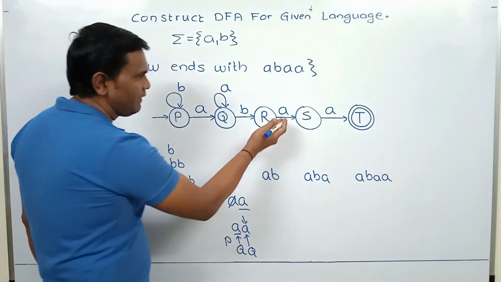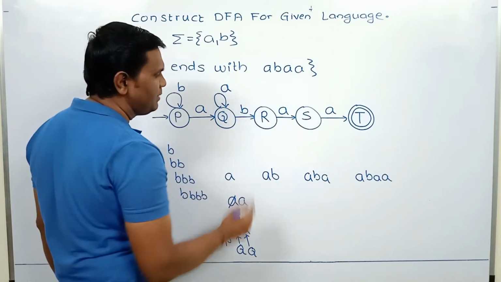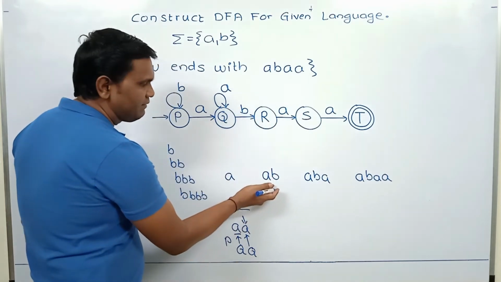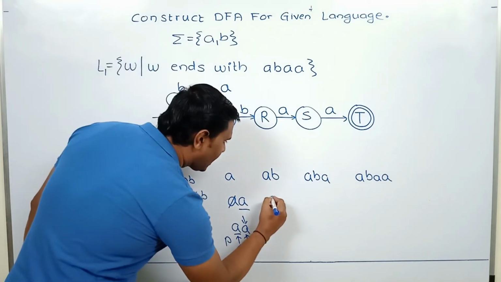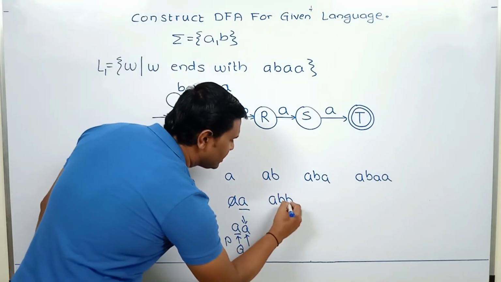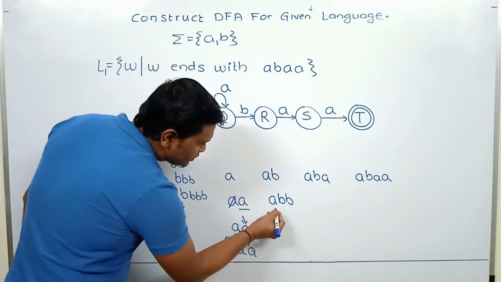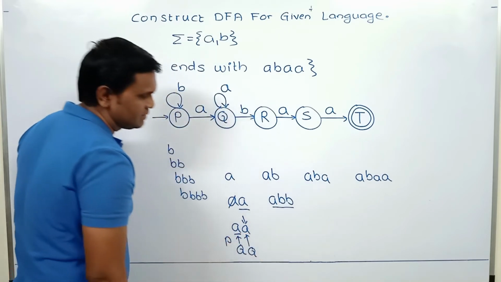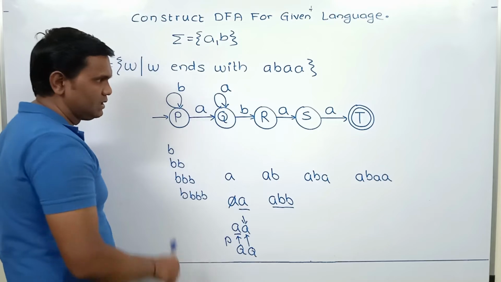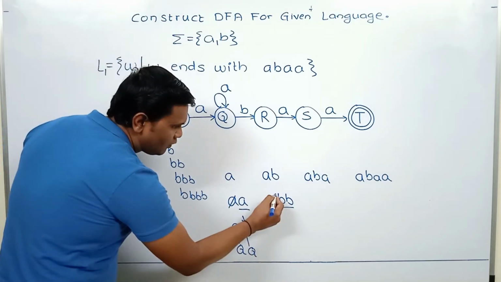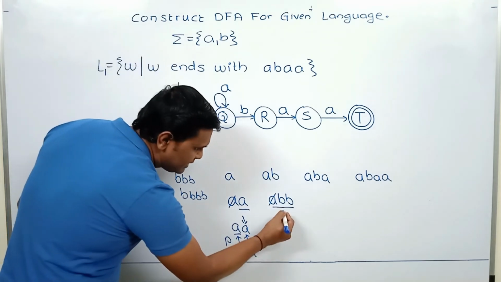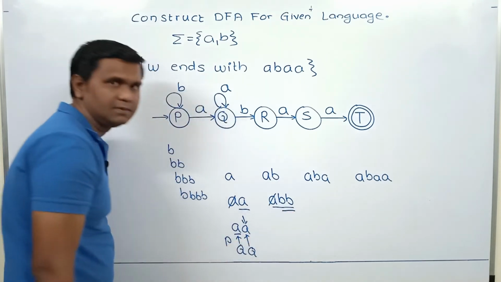At R, if A comes, we go to S. But what if B comes? The significance of R is that the last two symbols are AB. After AB, another B comes. Check, is there any state which remembers ABB? There is no such state. So from the left, remove one symbol and check, is there any state which remembers BB?